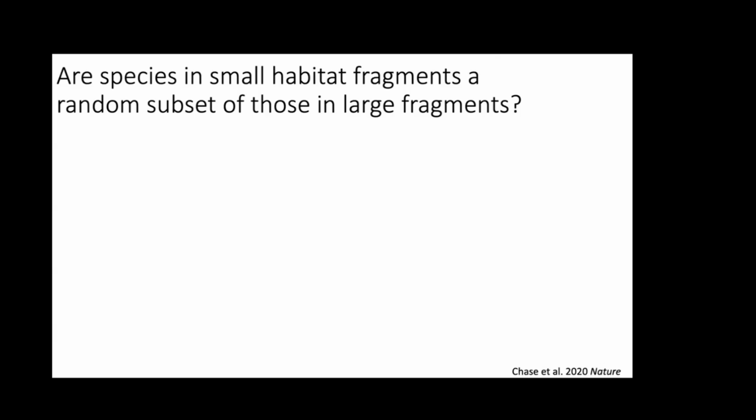And so in order to be able to address this question, we really needed a sample from a small habitat fragment and a large habitat fragment. As we'll see in the data, quite often we had a gradient of habitat fragment sizes for which we were able to collect these data and put them together in order to address this question.